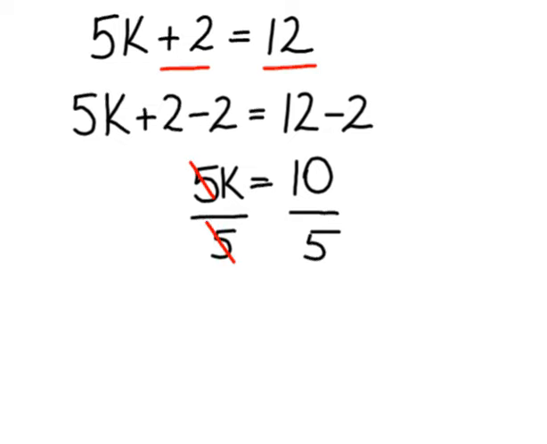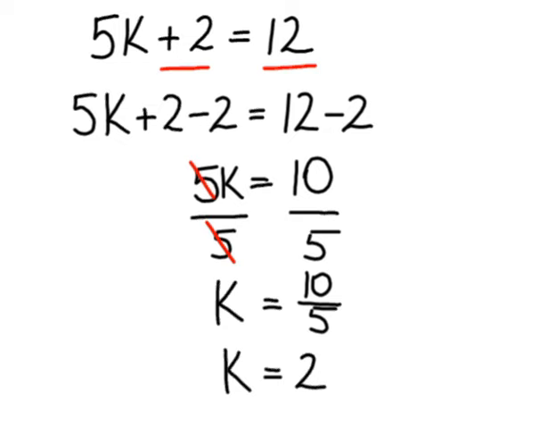And what you're left with is k equals 10 divided by 5. So now, to understand what k is as a whole value, we can divide 10 by 5. So we go 10 divided by 5, and we have k, which is equal to 2.